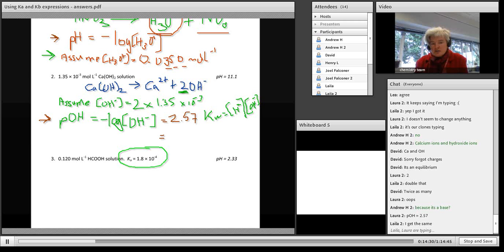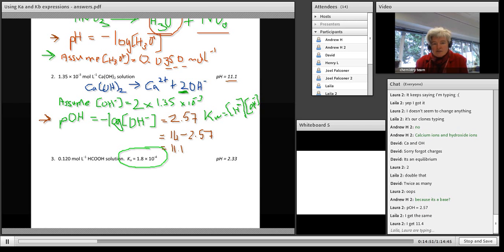So I could now say to work out the pH, it's equal to 14 subtract 2.57, okay, is equal to, and you should get 11.1 about, if that's correct over there.